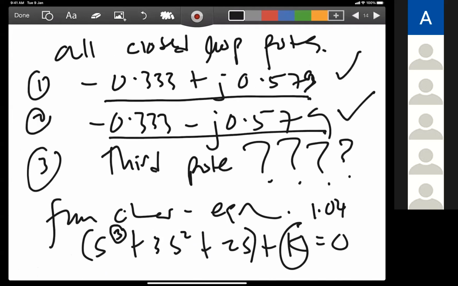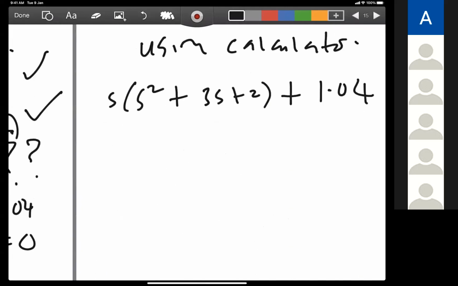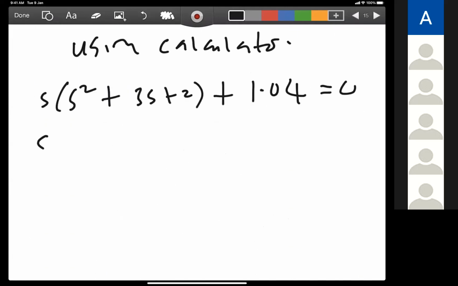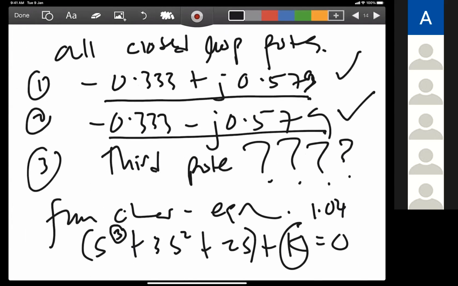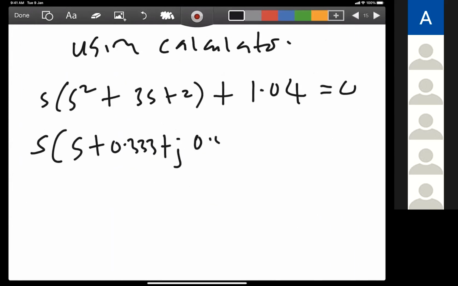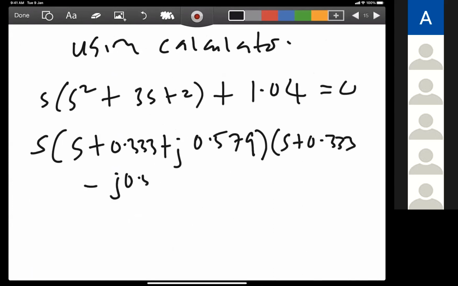So this one will be s plus 0.333 plus j 0.579, times s plus 0.333 minus j 0.579, plus 1.04 equal to 0.